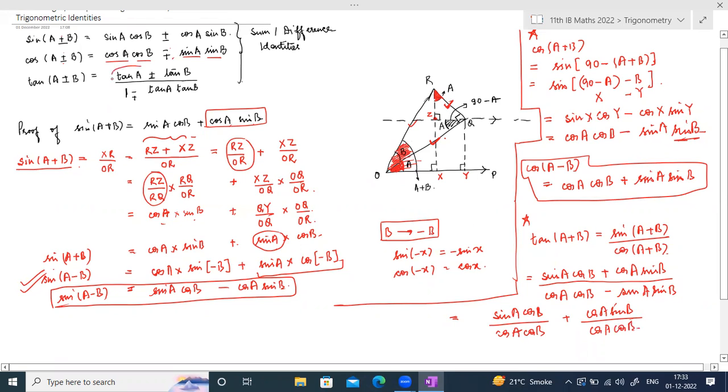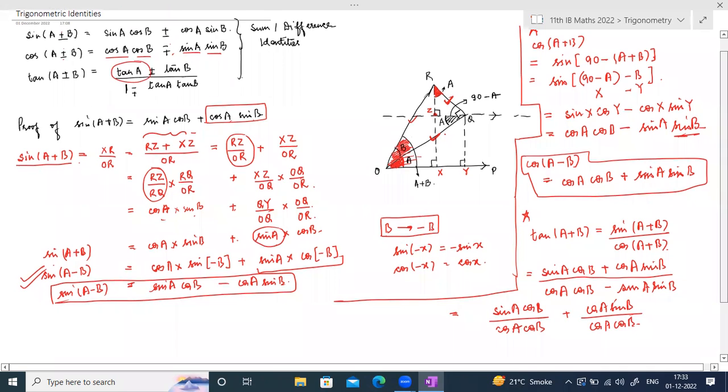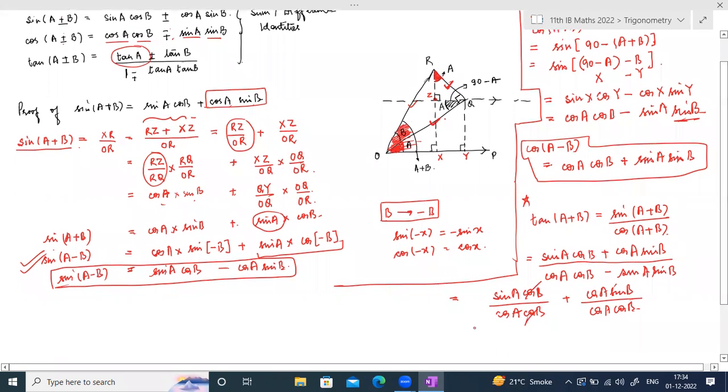Because we need to bring tan A. The first term will only come when sin A and cos A come, and cos B will get cancelled. And similarly do the same in the denominator. Rest everything should follow automatically.